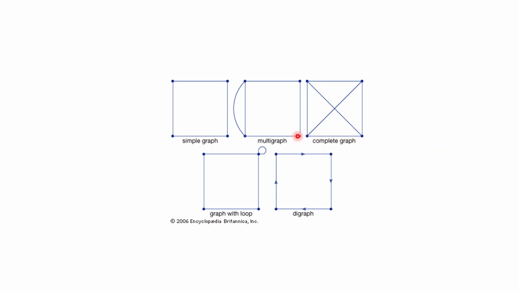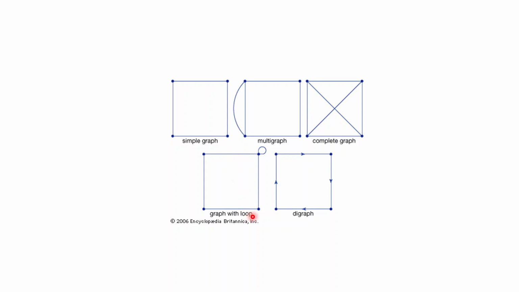Likewise this node, likewise this node. So all the nodes are connected with the remaining nodes, that is called a complete graph. Whereas here in the simple graph, there is no connection between the second and 3. So it is not a complete graph. So whenever we find a connection between all the nodes, that is called complete graph.